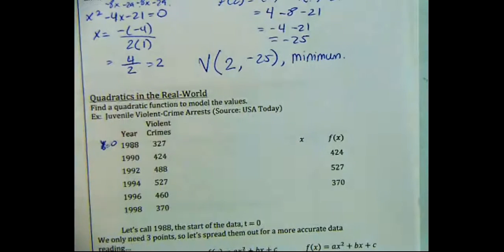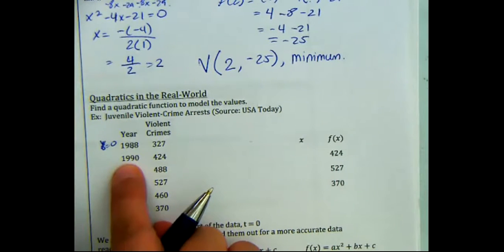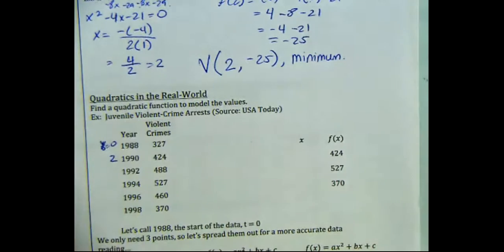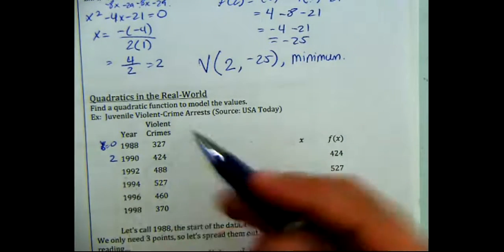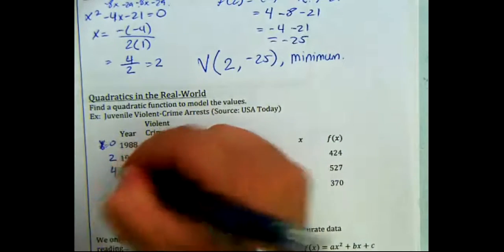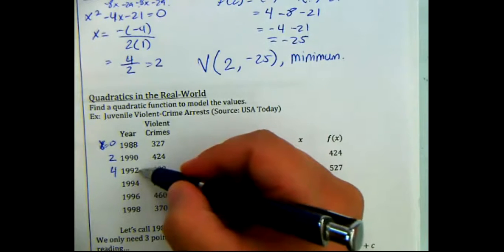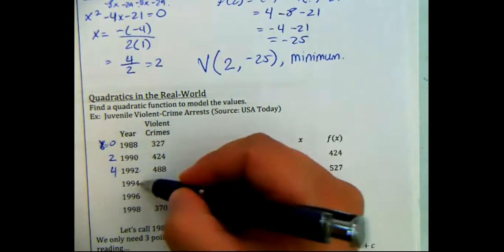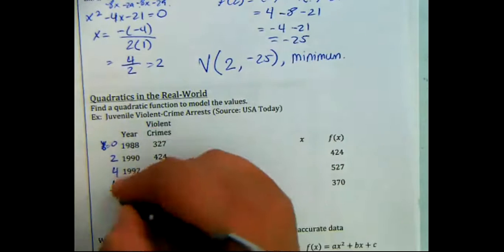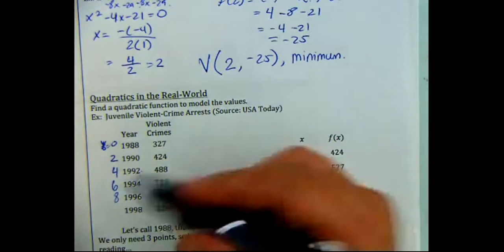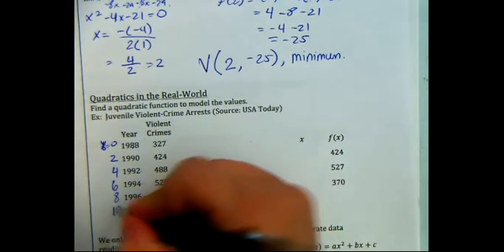Which means at 1990, that's 2 years after, so that's going to be added 2. 1992 would be 4 years. 94 would be 6 years from 88. 96 would be 8 years from 88. 98 would be 10 years from 88.